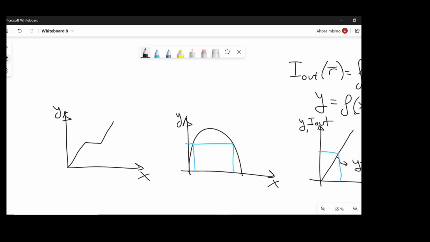Given y, do you always know x? No. There is a reason. All these y's, I don't know which one of these x's could have generated y. Okay.